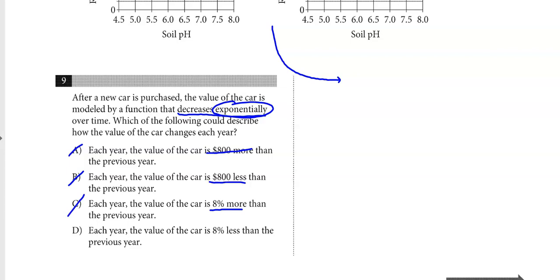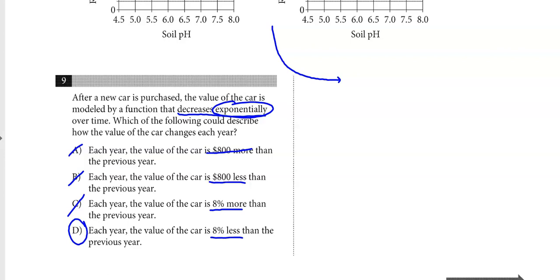Each year the value of the car is 8% less. That is what we're looking for, because if you keep dropping by 8%, you're going to actually overall drop less and less every year. Even though it's the same percentage, you're taking a percentage of a smaller number over time, so you're going to keep getting smaller and smaller and smaller. So the correct answer there is D.